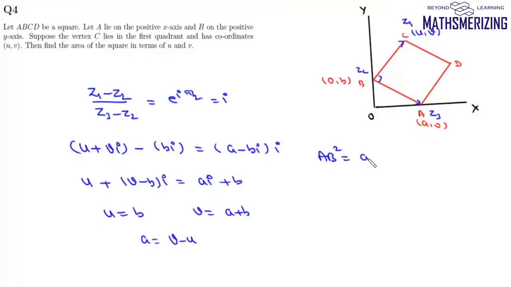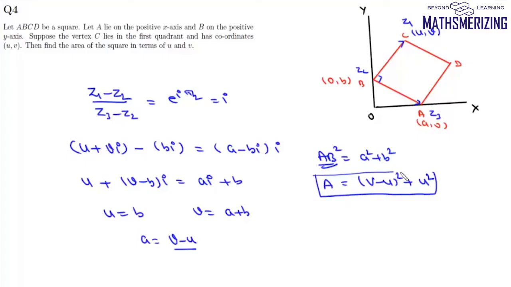Now AB squared is a^2 + b^2. Now here a^2 is (v - u)^2 and b^2 is simply u^2, and this AB squared is nothing but the area of this square. So the area of this square will be simply (v - u)^2 + u^2.